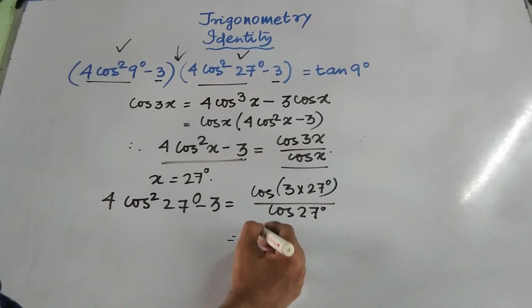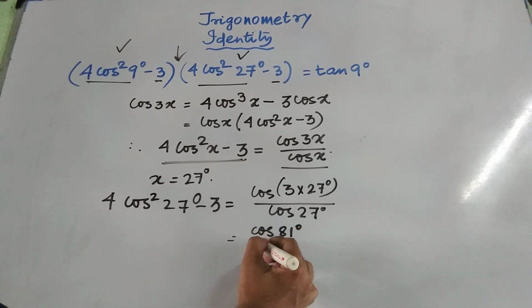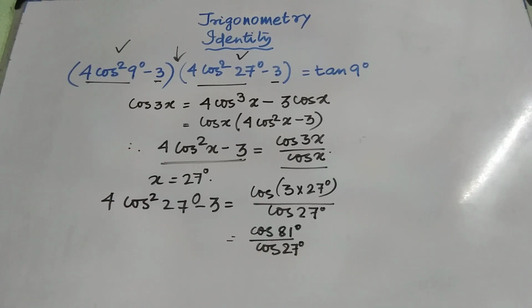Which is nothing but cos 81° divided by cos 27°. This is the second expression.